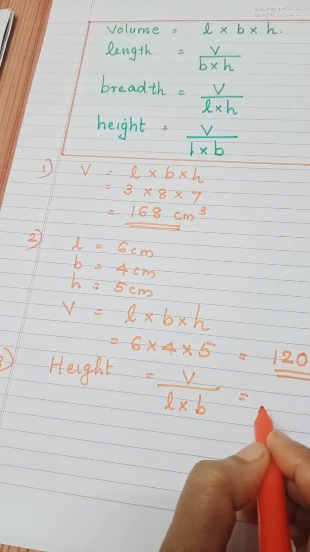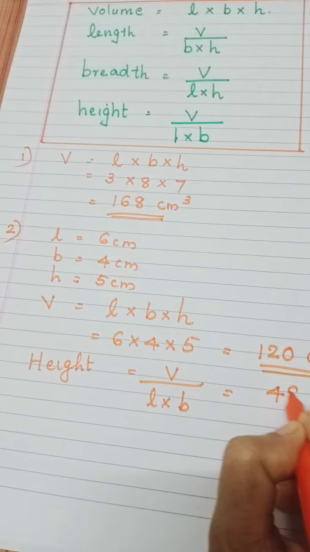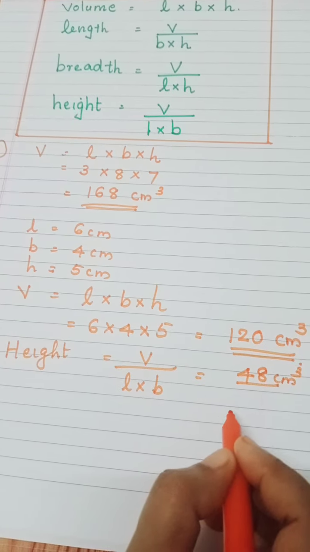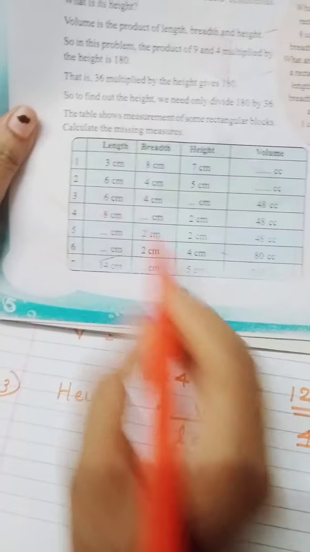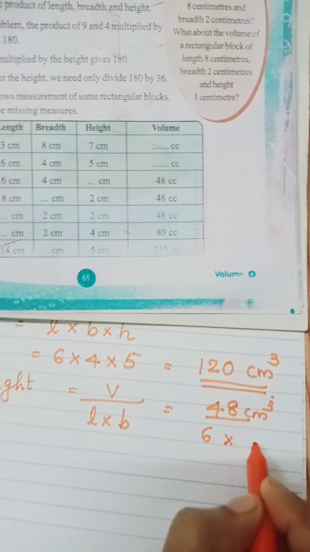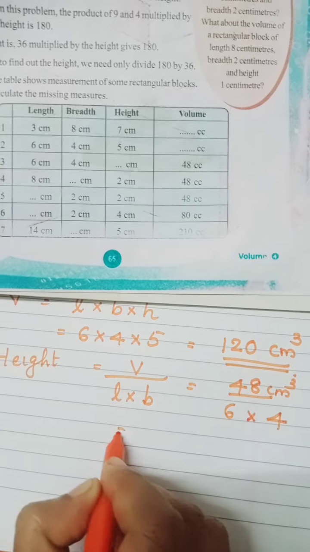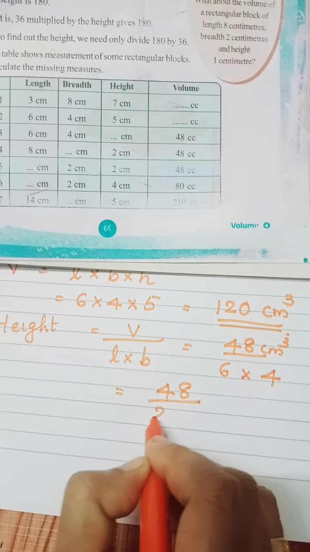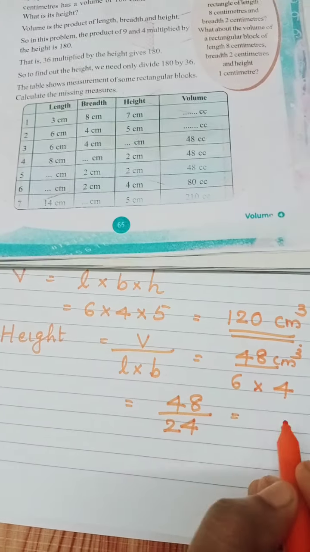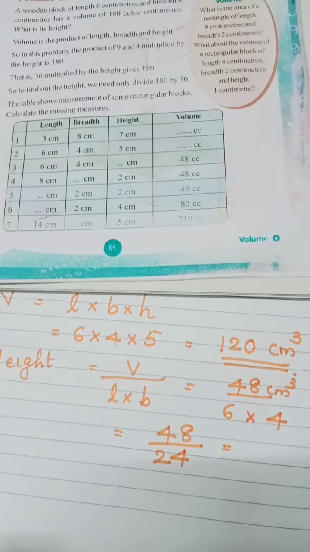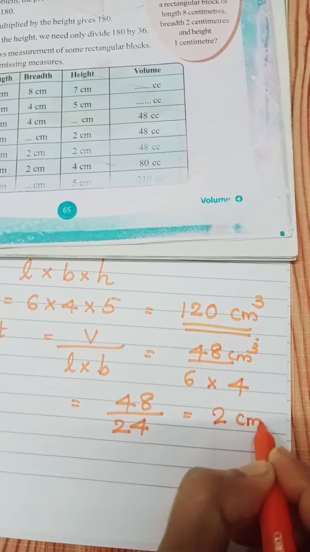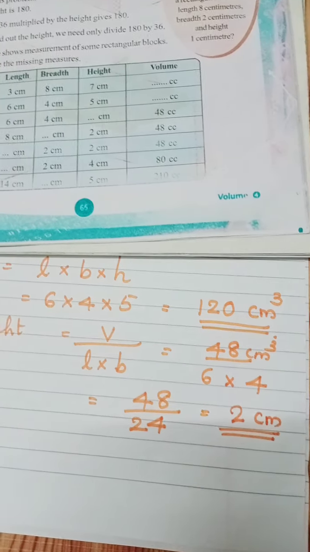Volume given is 48 centimeter cube divided by length, look in your textbook, the length is 6 centimeter and the breadth is 4 centimeter. So 48 divided by 24. When you divide 48 by 24, you will get the answer as 2 centimeter. So the height is 2 centimeter.